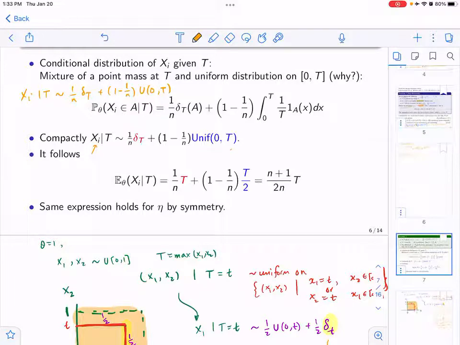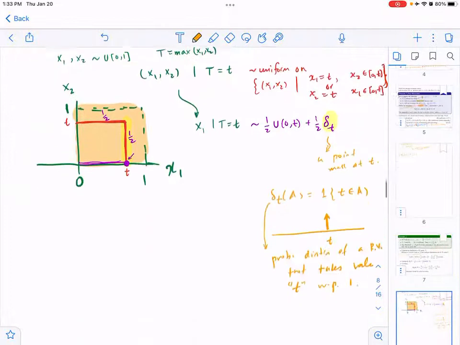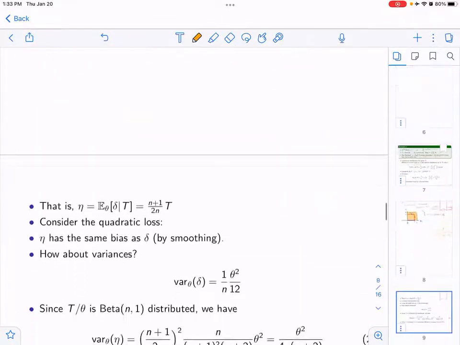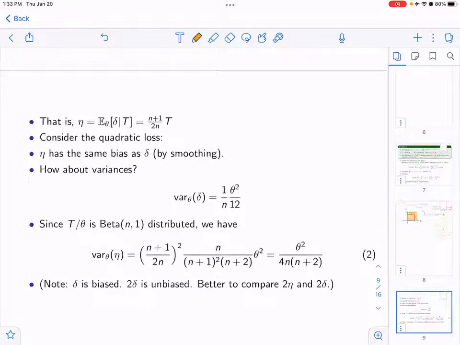And I'll let you argue that when you have a mixture, the expectation is just a mixture of the expectations. Okay, and so this simplifies to that. Questions? Okay, so that's the end result.